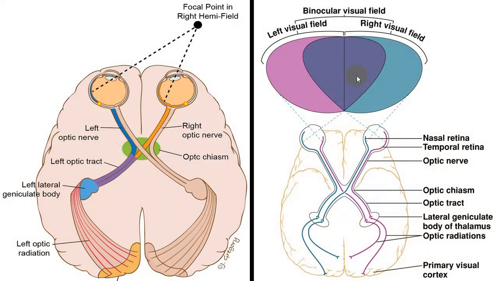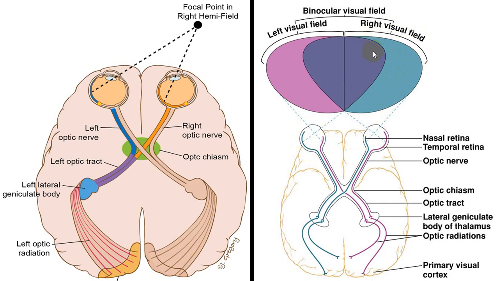So usually we say that the nasal field of the opposite eye and the temporal field of this side. This will be the nasal field of this eye and the temporal field of the right eye. This is the temporal, right side visual field, which is done by the nasal, and this is by the temporal fiber of the opposite eye, and that will be giving rise to what we call the nasal field.